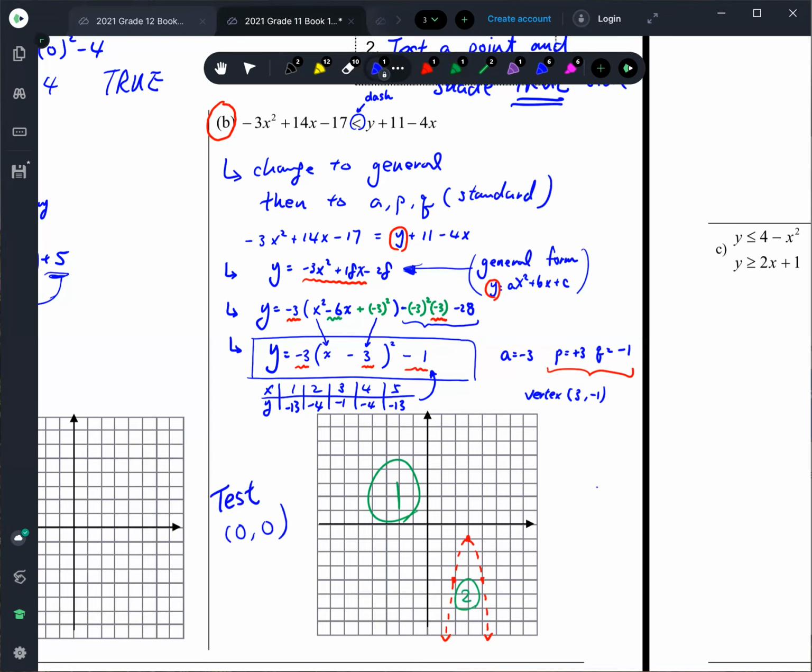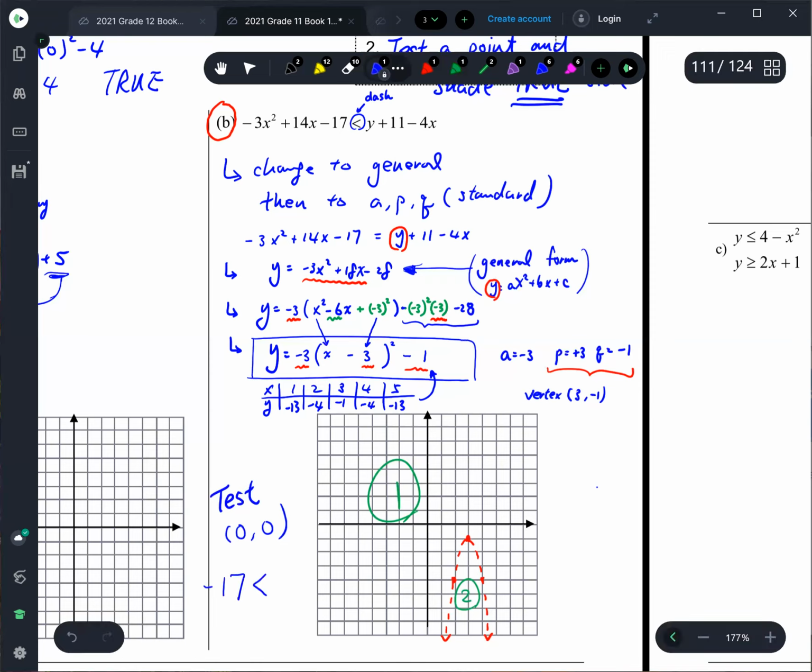So what do you get on the left side? The left side would be negative 3 times 0 squared plus 14 times 0 minus 17, which becomes negative 17.